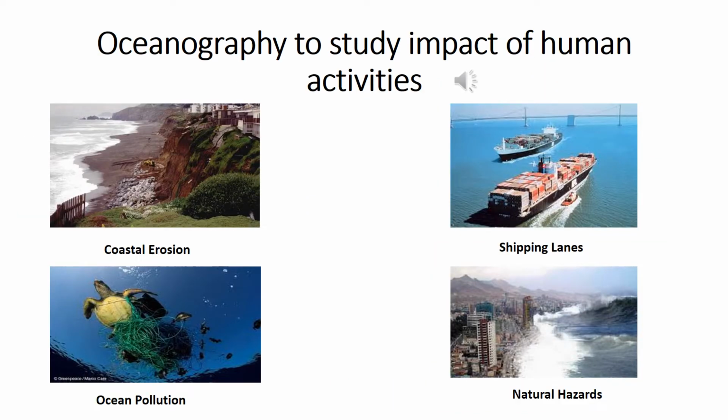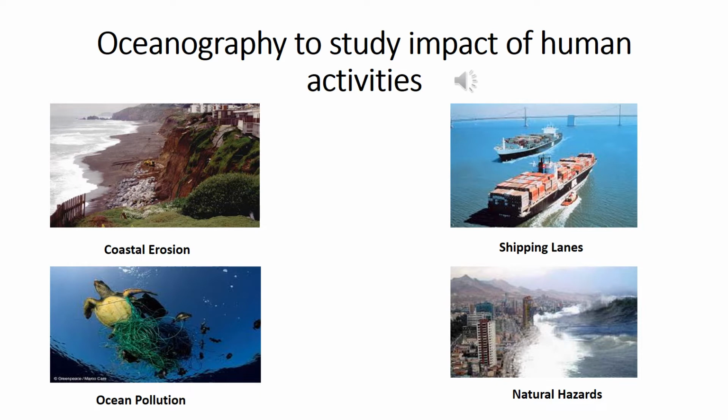Other areas we study with oceanography are coastal erosion. You can see this cliff is eroding where these houses are, and ironically, it's these houses causing that. Before these houses were here, there was growth of plants and grasses that were absorbing the water.